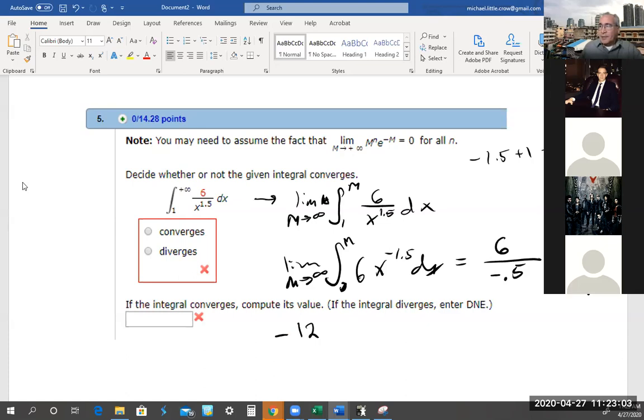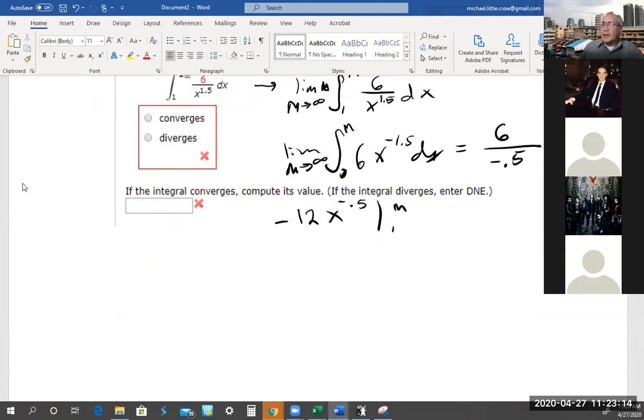And then we get negative 12 x to the minus 0.5, from 1 to m. We plug in our limits: minus 12 m to the minus 0.5 minus 12 times 1 to the minus 0.5.